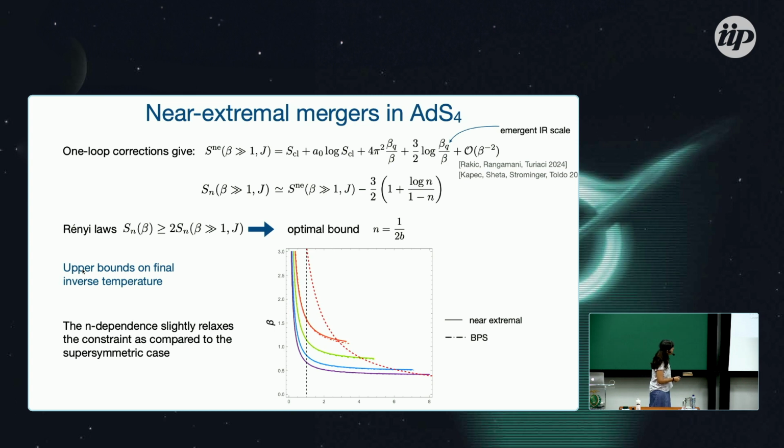The dot-dashed line here was the upper bound from the supersymmetric case, and the solid lines, which you can almost not distinguish, are the ones with near extremal corrections taken into account.